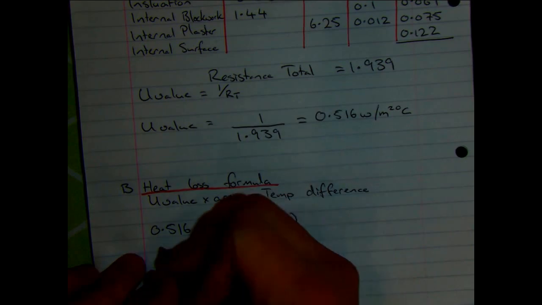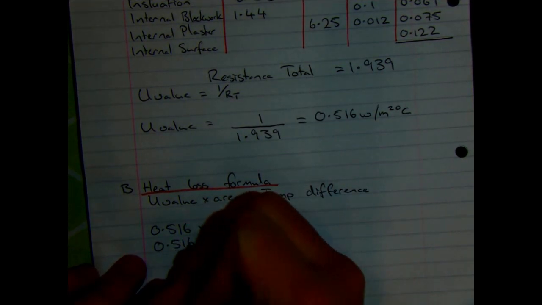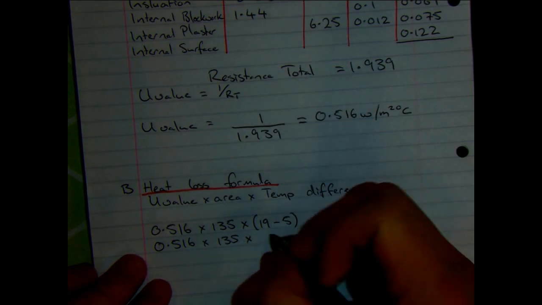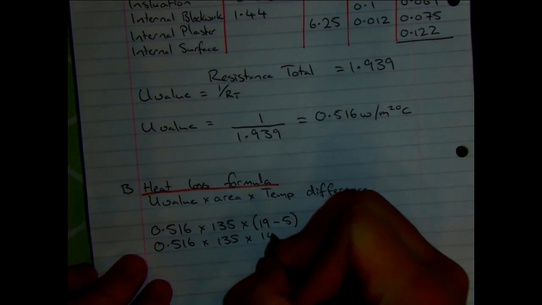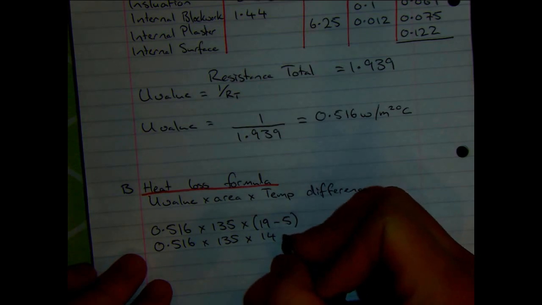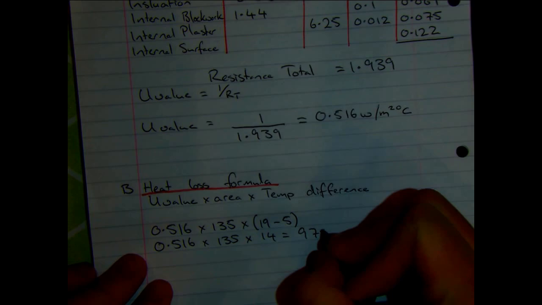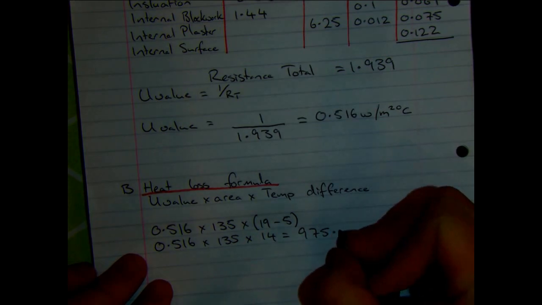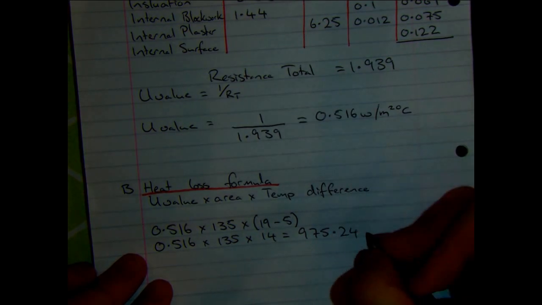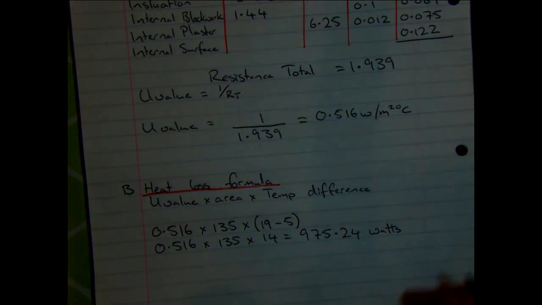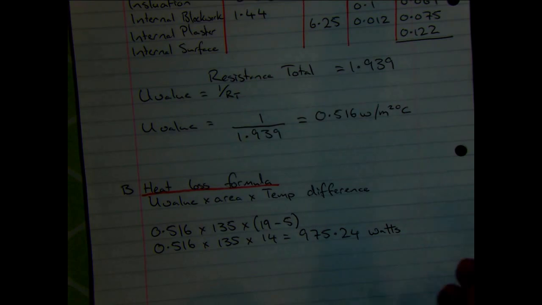Okay, when we multiply all those out, it's 0.516 by 135 multiplied by 14. So that's going to give us 975.24 watts. Right? That's the amount of heat we're losing through the wall.